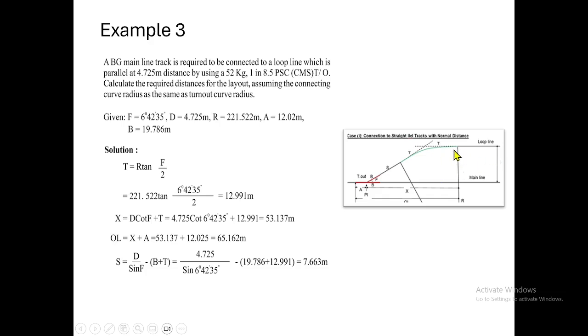Suppose this point is known, from here we can come in reverse, locating the SRJ point. This is the way we calculate our required distances and execute the work in the field for fixing the geometry on the ground.